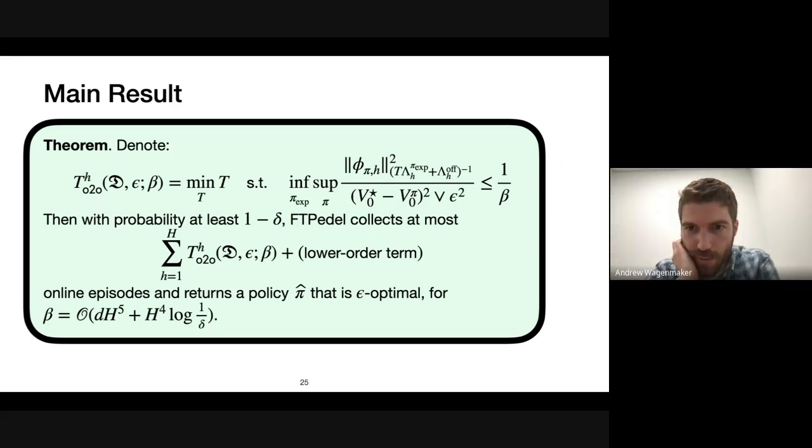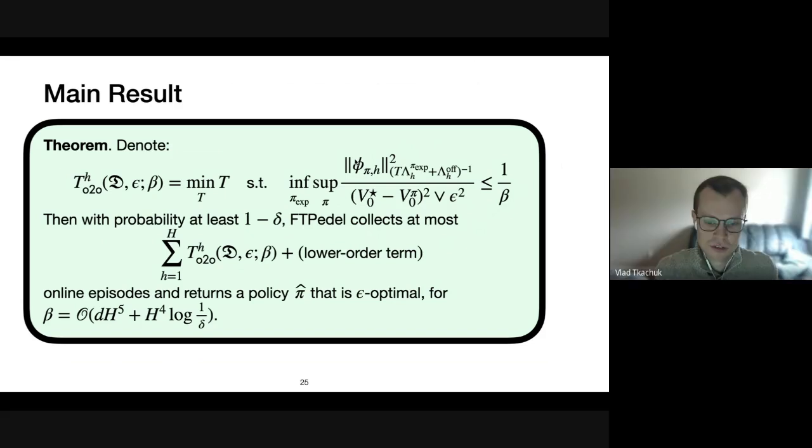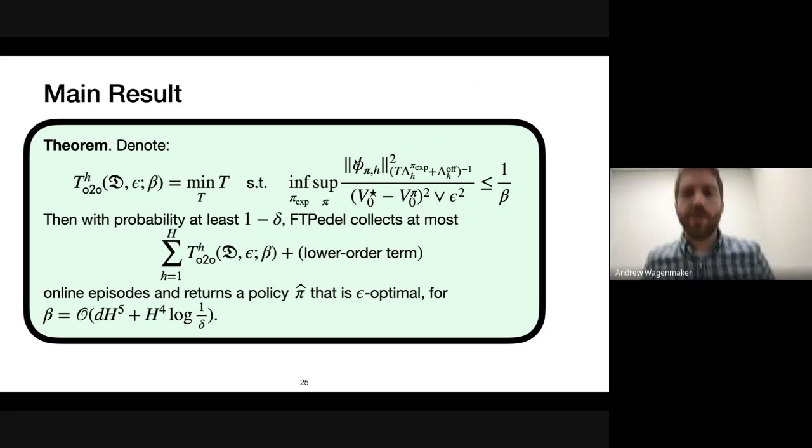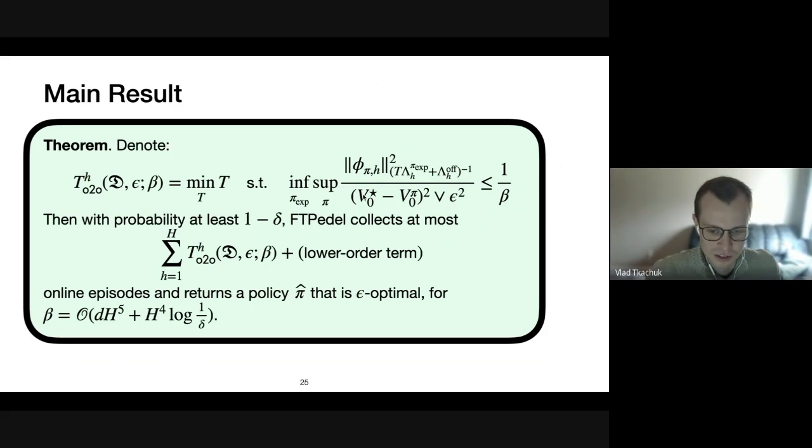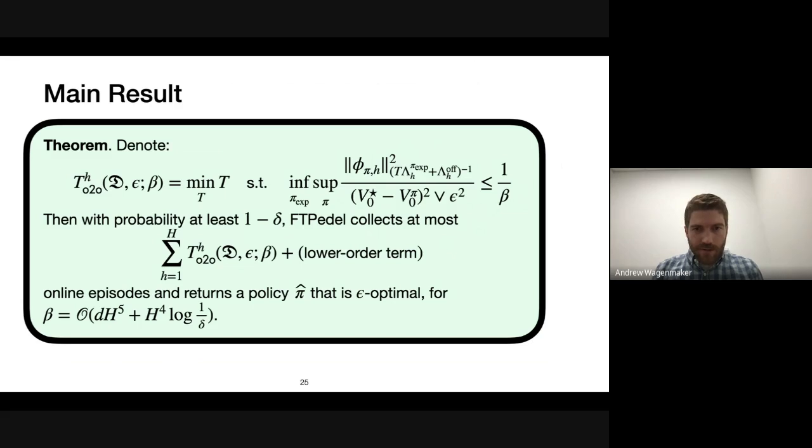No, I think this is beta, because this is essentially saying that if I rearrange this, the confidence interval width for policy pi is beta times this. I misread this thing, sorry. Yes, you want the confidence interval, which is beta times this numerator, to be less than the gap, which is what this is saying. I didn't see the such-that part of this whole thing and was very confused. I understand now.